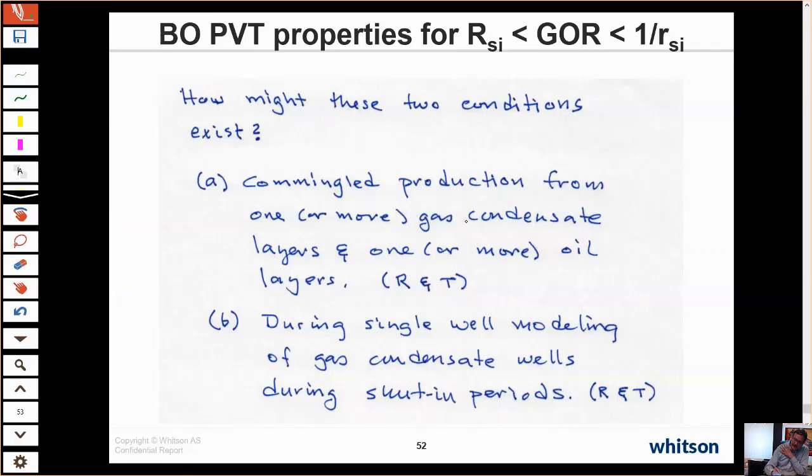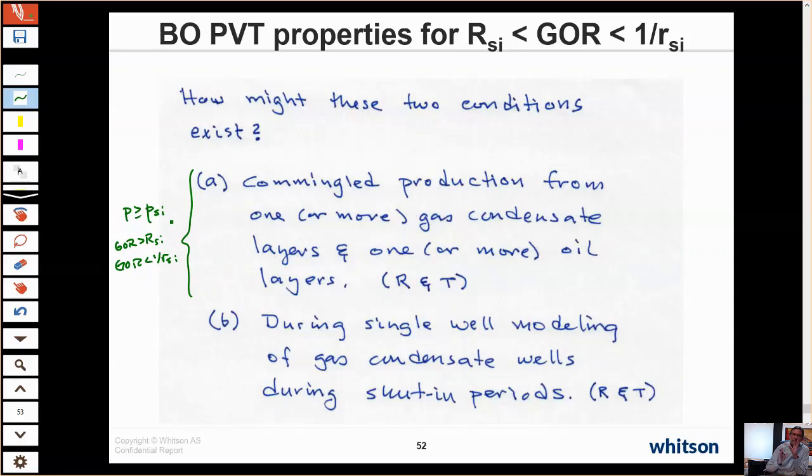So very easily you could get in this situation where you're at pressure greater than or equal to the saturation pressure, and you're at a GOR greater than the Rsi, and you're at a GOR less than 1 over little rsi.